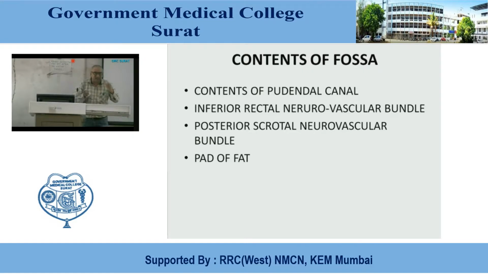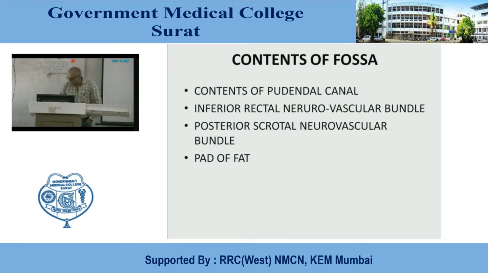Then I told you the disposition of the fascia lunata. And lastly, the contents of the fossa. Before that, I told you about the divisions into supratendinous space, ischiorectal space, and perianal space.